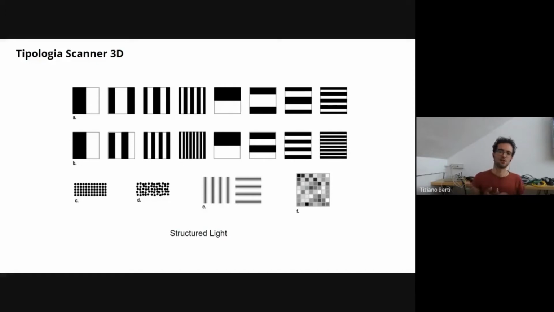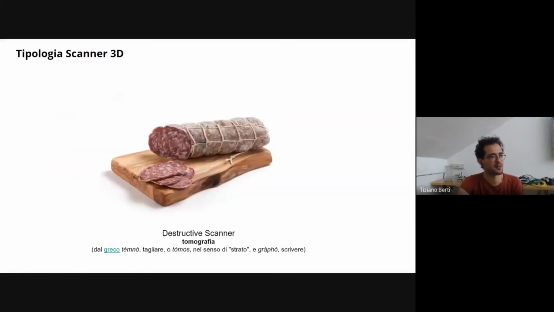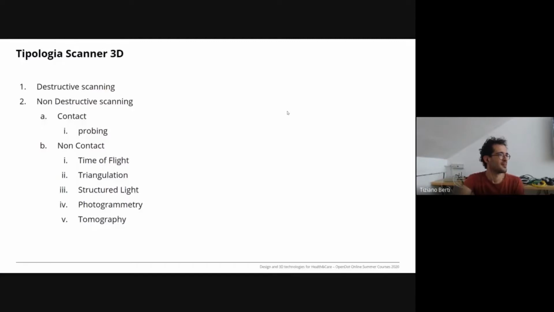So each of the 3D scanning technologies, also time of flight, all the non-contact 3D scanning will probably use light as a source for the scanning, so will not work on transparent glass material or reflective ones. So be careful about how your object is made, what you're scanning, and so on.